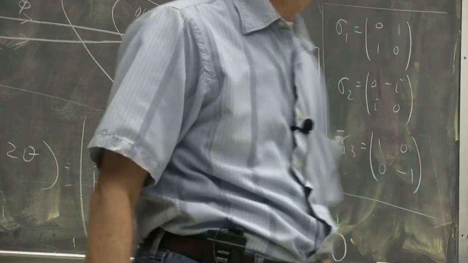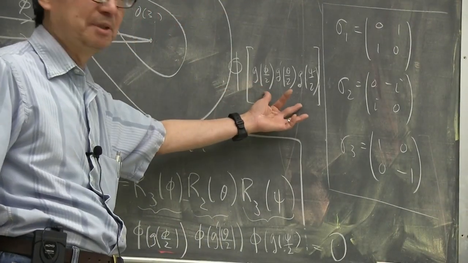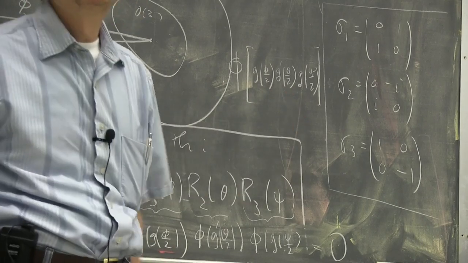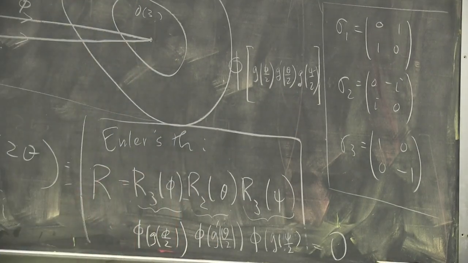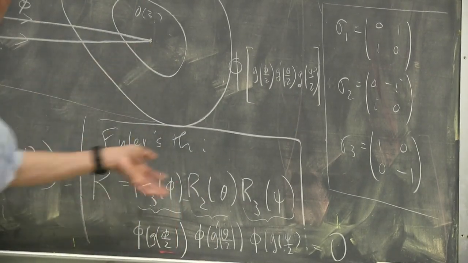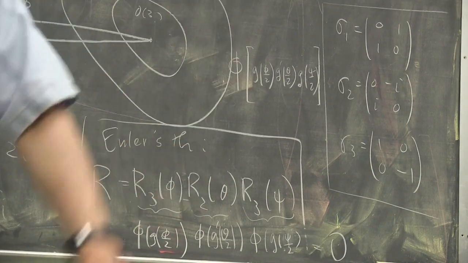Okay? So you know each of those matrices, you know how to multiply them together, so you know what SU2 matrix represents some general rotation like that, written in terms of the Euler angles.